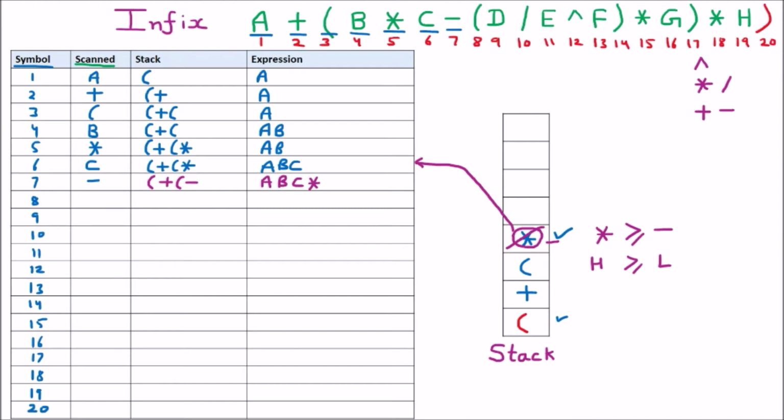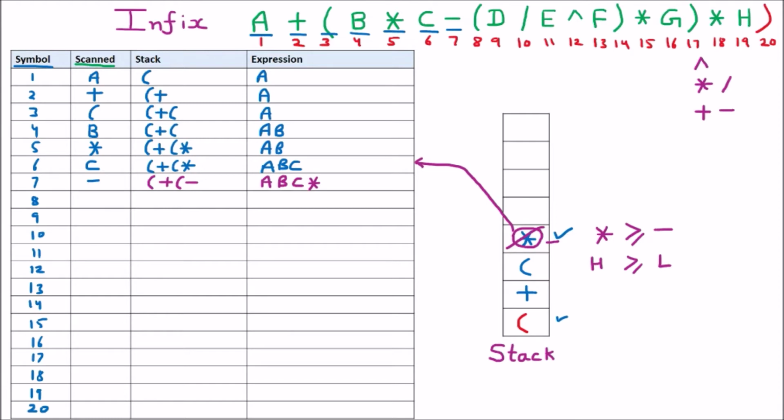This doesn't mean that two operators cannot come together. Two operators can come together, but we first have to check that if a high precedence operator is already present, just like star, and a low precedence operator is coming, just like minus, then the higher or equal precedence operator will come out, and then the low precedence will come.